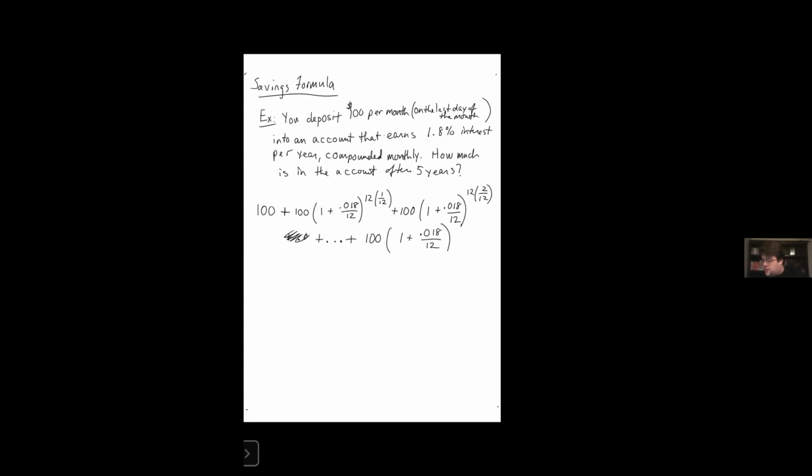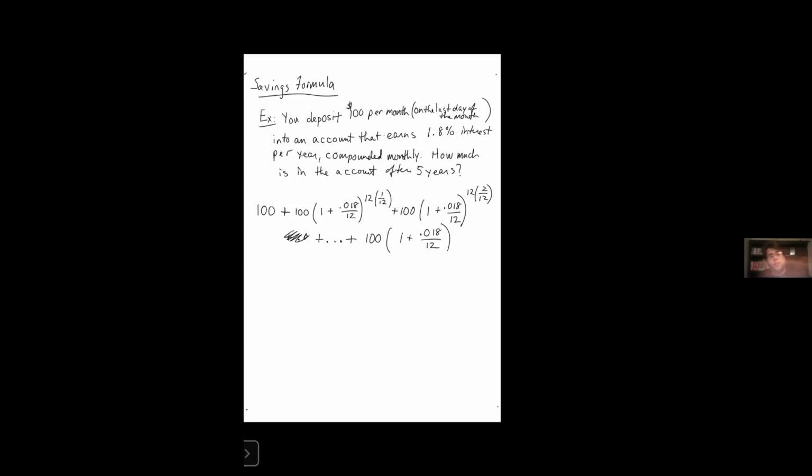Well, in your notes, if you're taking notes, you could write that lower. With the chalkboard, this would be easier. But across how many compounding periods is the first $100 you deposit accumulating interest?